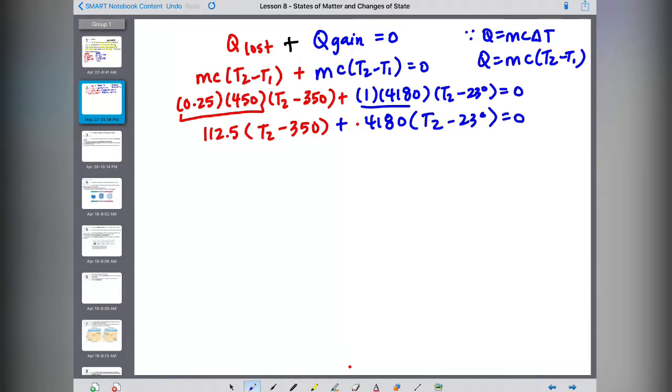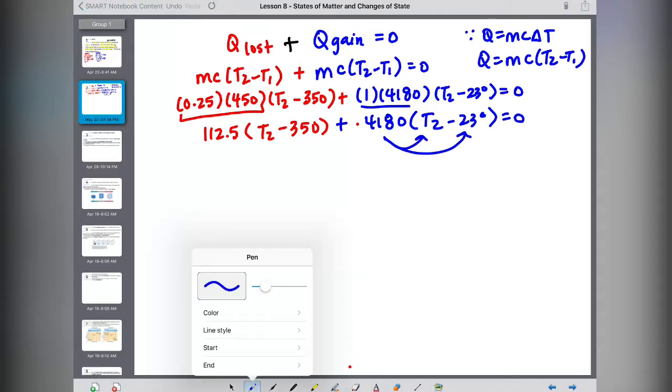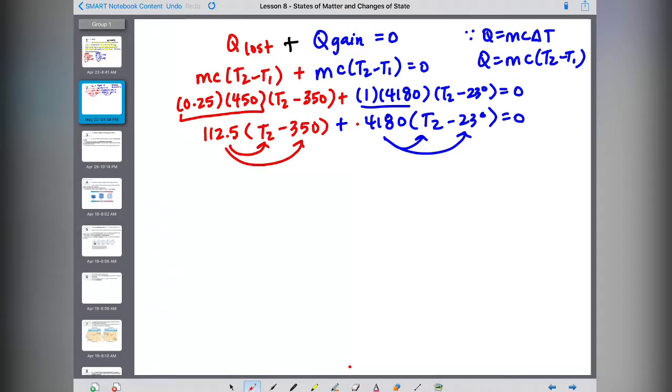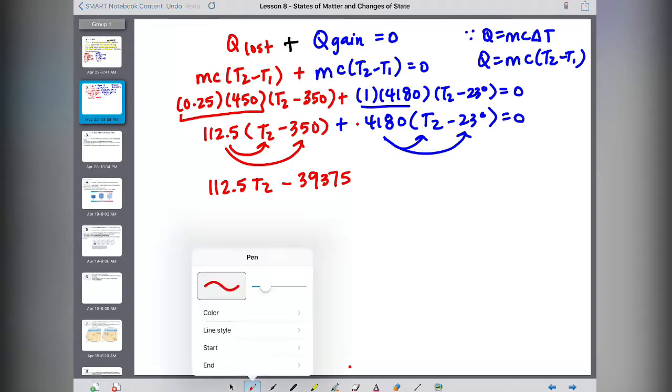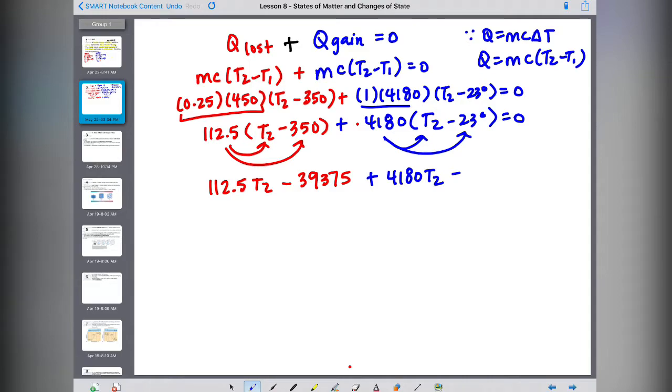Okay, so the next thing now, you're going to do the expanding into the bracket. Okay, adding 4180 T2 minus 96140 equals 0.